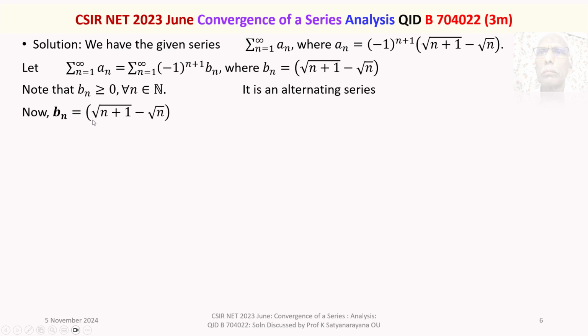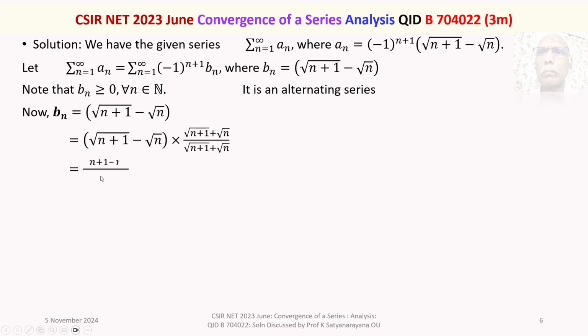Now, b_n is square root of n+1 minus square root of n. Now, we rationalize the numerator by multiplying and dividing by square root of n+1 plus square root of n. So we multiply and divide by that. When we take the numerator, the product is (a+b)(a-b), that is a squared minus b squared.